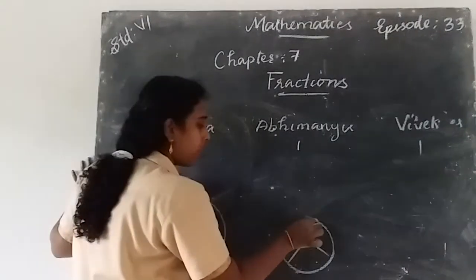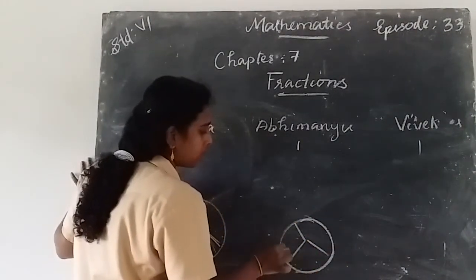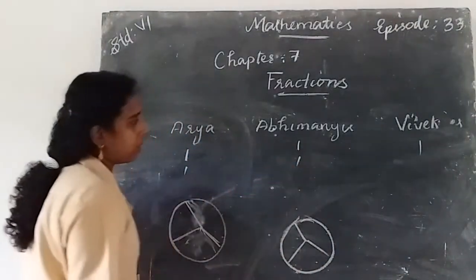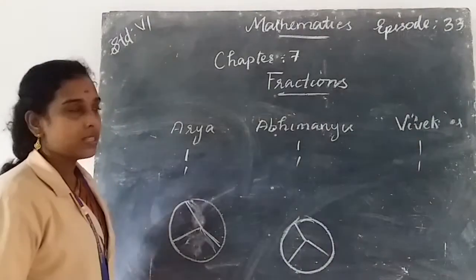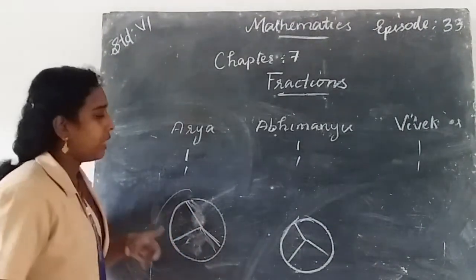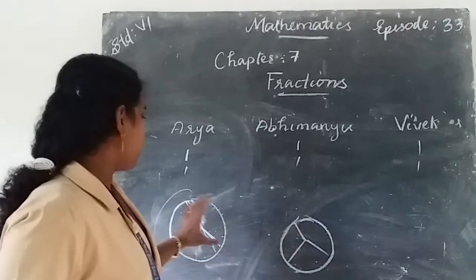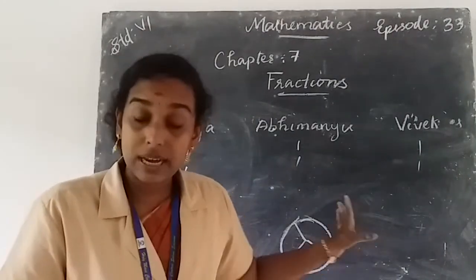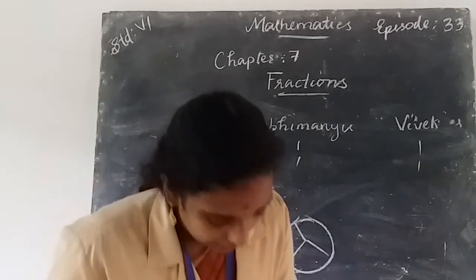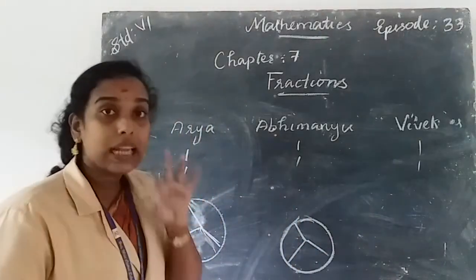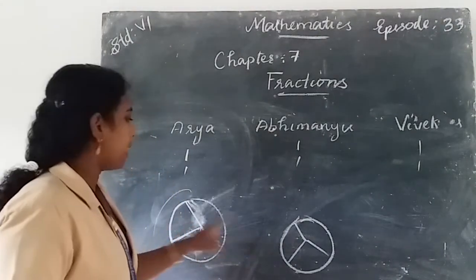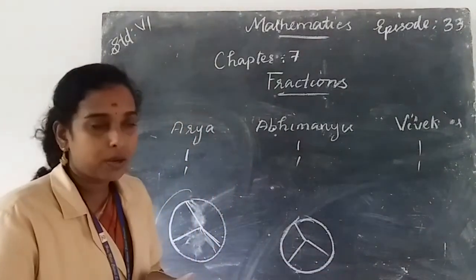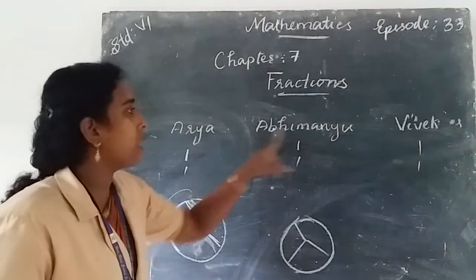And the sandwich made of jam is also divided into 3 equal parts, with one part to Arya, one part to Abhimanyu and one part to Vivek. Okay. So he divided each sandwich into 3 equal parts and gave one part of each sandwich to his friends.